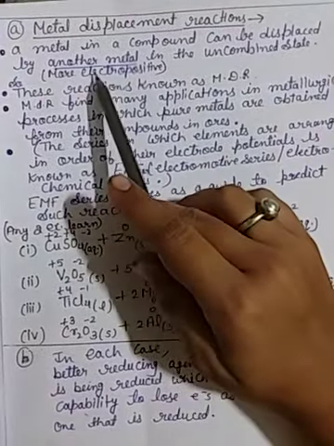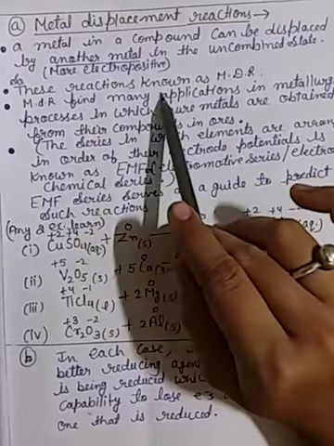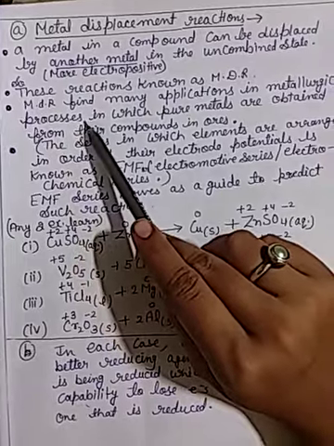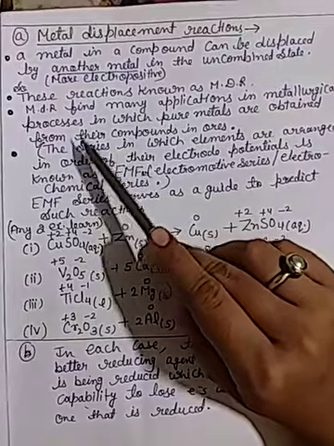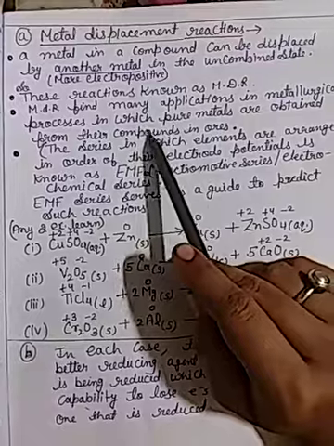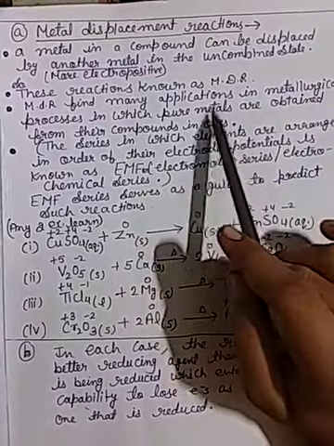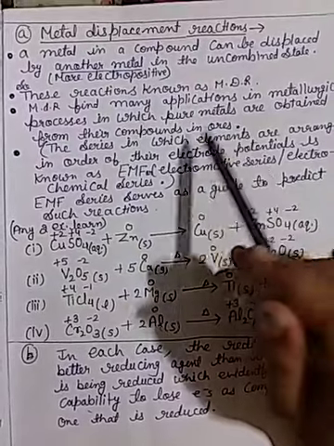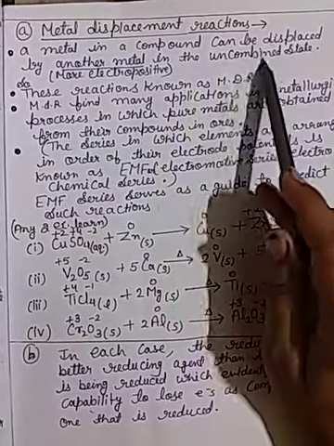This is known as a metal displacement reaction, and these reactions find many applications in metallurgical processes, that is, extraction and purification, in which pure metals are obtained from their compounds in ores. This is an example of metal displacement, because we have to obtain the pure metal from the ore.